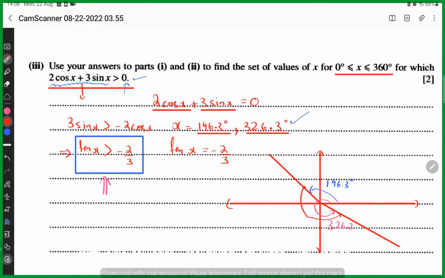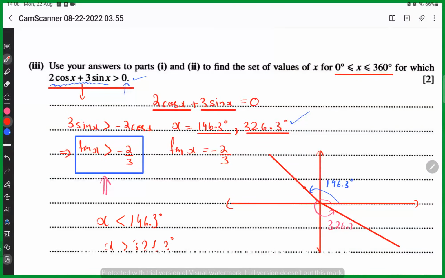X has to be less than 146.3 degrees and x has to be greater than 326.3 degrees.